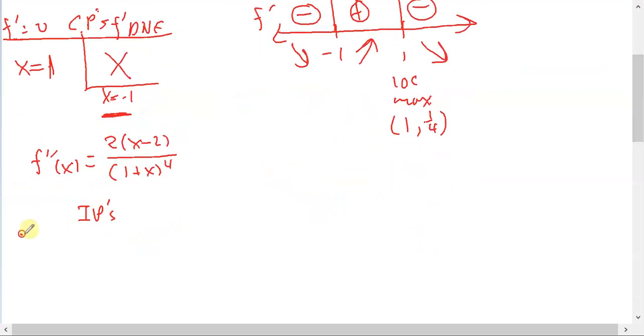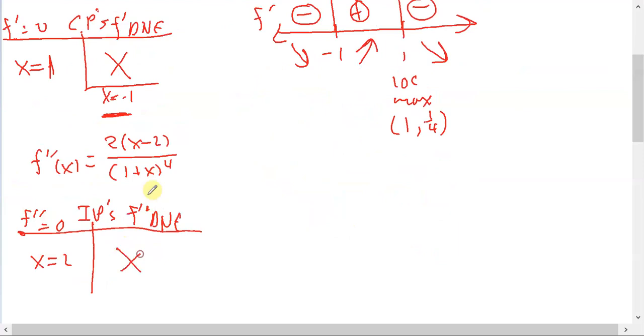Let's find the potential inflection points first. Those occur where the second derivative is 0 or where the second derivative does not exist. The second derivative is 0 when x is 2, and it does not exist when x equals minus 1, but just like before, the original function is not defined there. Still, x equals minus 1 is certainly a point we want to keep in mind because the signs could change at that point.